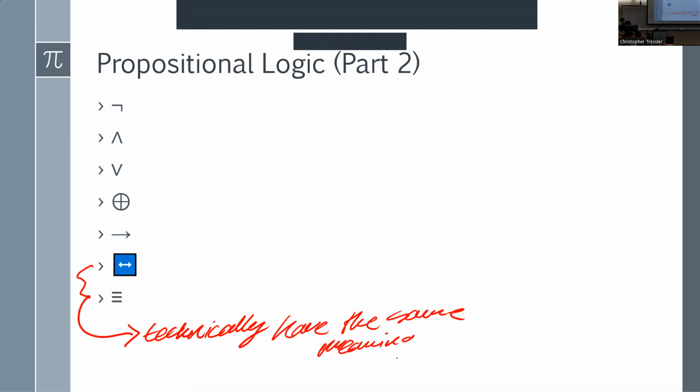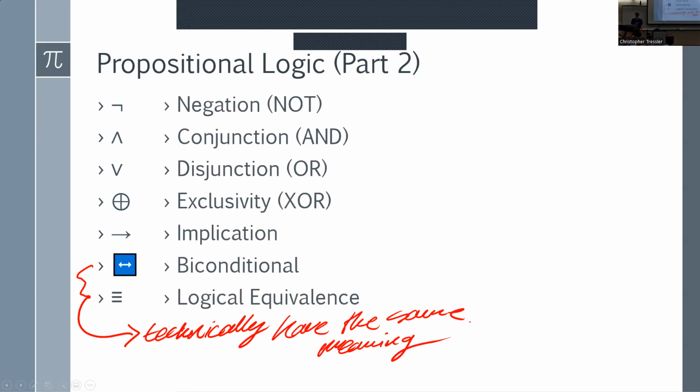Sorry, my handwriting's terrible, but those can actually be used interchangeably, because if you make a truth table and look at them, they're going to end up having the same values. I found out that in some other textbooks, maybe not for this class, in a lot of places where we see the triple equal sign, they just use the biconditional operator. But yes, then we have all this that says what each one is.